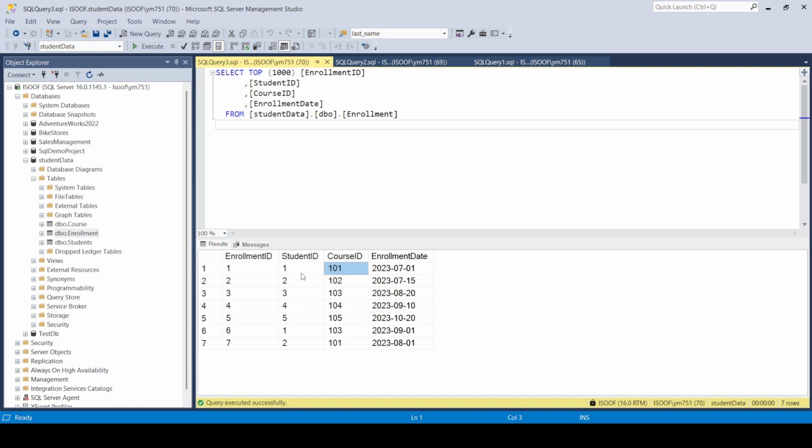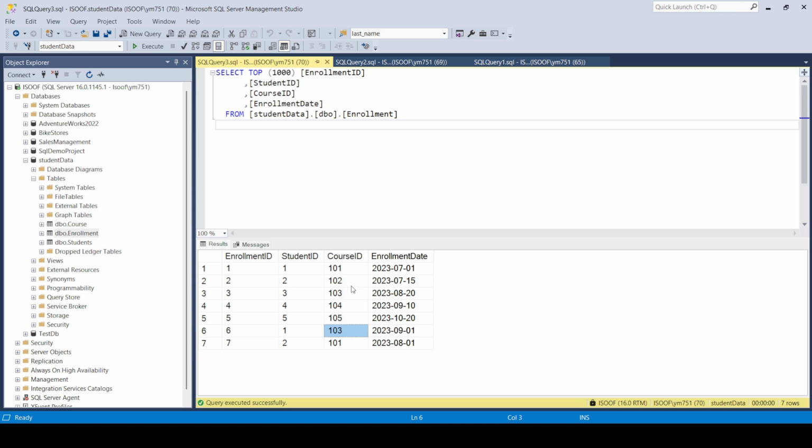These two fields, you can see, have duplicate values. One is repeated two times. Similarly, in the course ID column you can see 101 is repeated two times, 103 is also repeated two times. So they have some duplicate values.